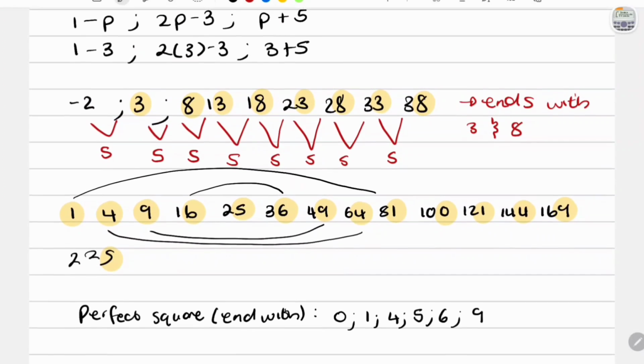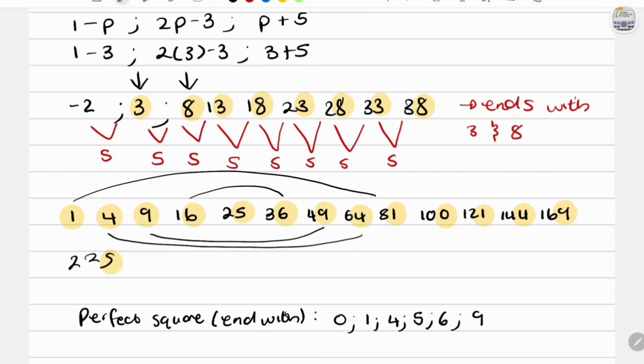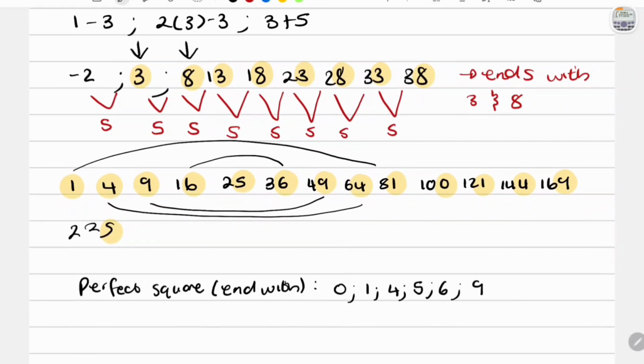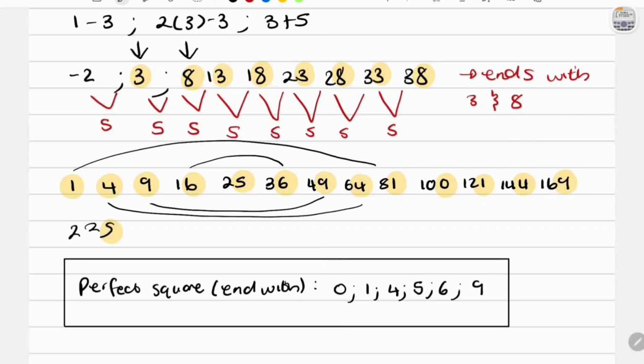But these numbers that we had in the beginning, that pattern that we had, they are ending with 3 and 8. And we can see now the pattern with perfect square numbers, they only end with these numbers. You can continue going with perfect squares and check whether they end with anything else, but it's really only these.